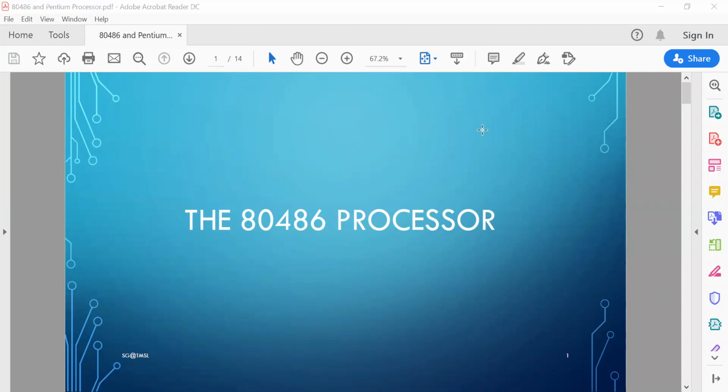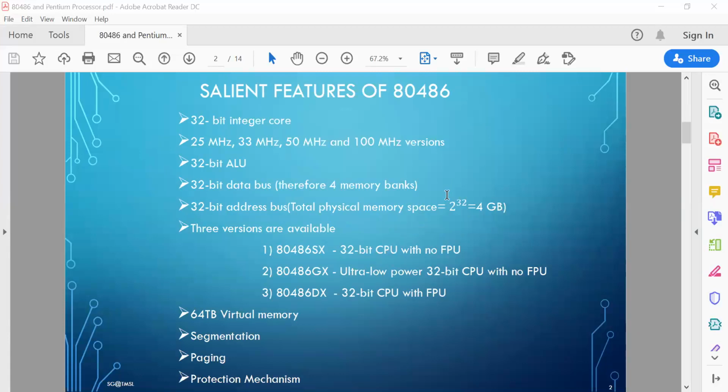So today we will discuss the 80486 and the 80586, which is the Pentium processor. So let's start. These are the main salient features of the 80486 microprocessor.